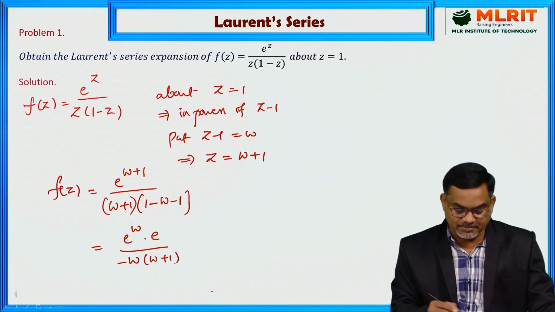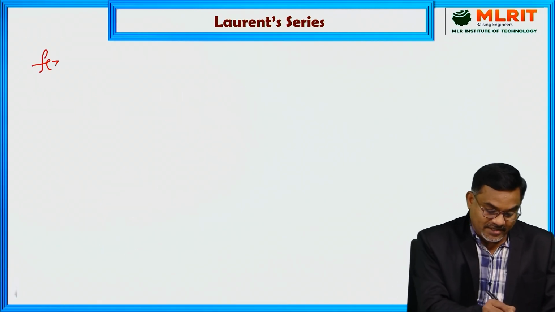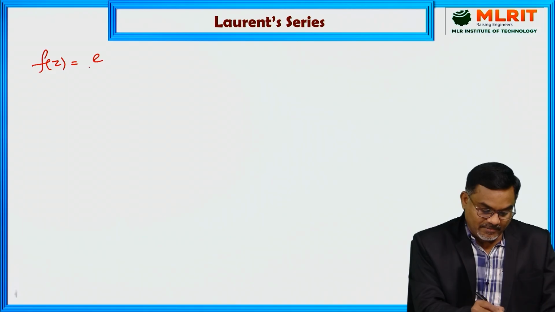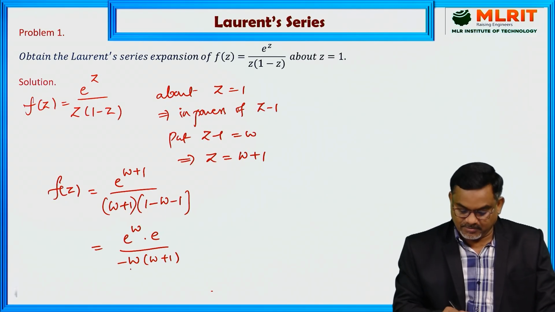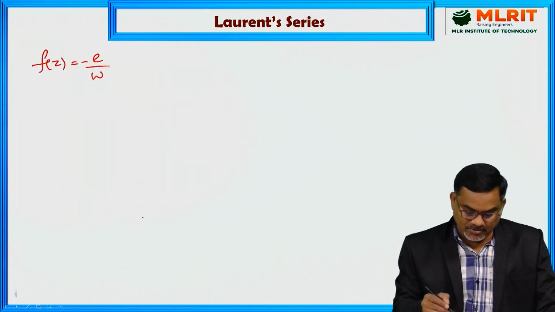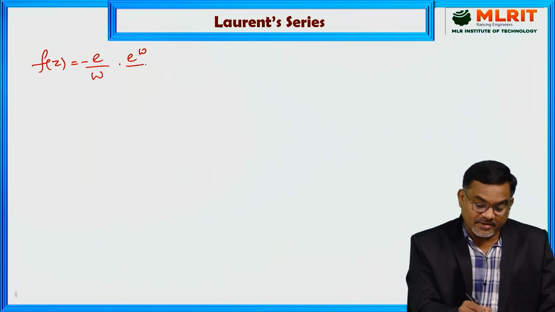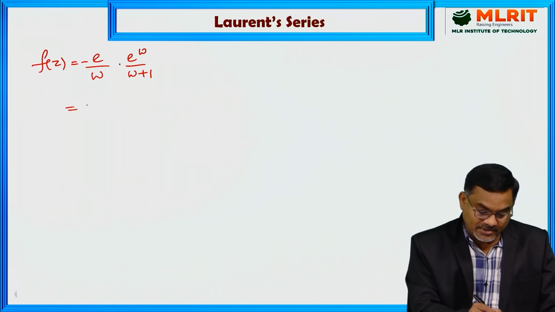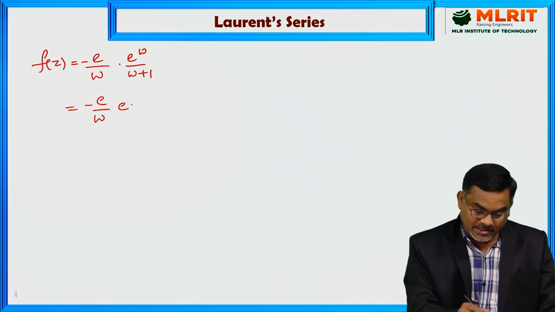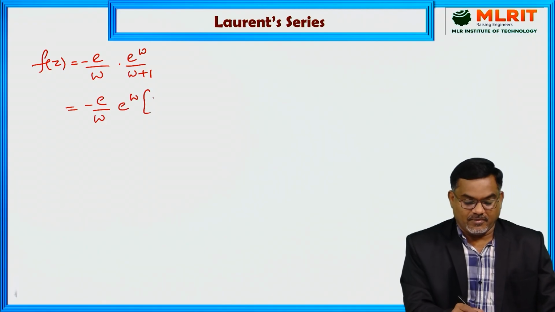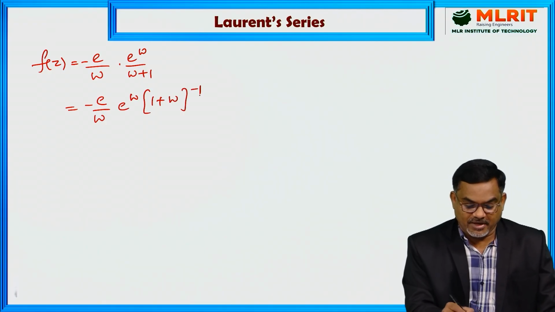Now, we need to expand this f of z equal to e minus e by w. So, minus e by w into e power w by w plus 1. So, this is minus e by w, e power w into 1 plus w power minus 1.